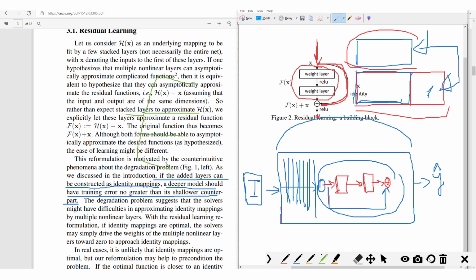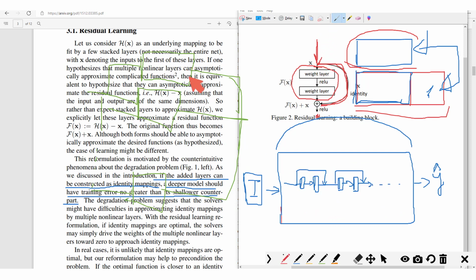So it looks like we're combining this shallow model here with this other shallow model, with this other shallow model, and then producing what we call an ensemble of shallow models, which helps in making the overall model much more performant as compared to when we just have a single path.